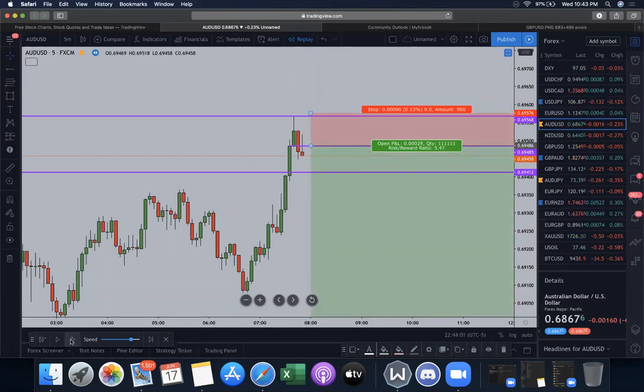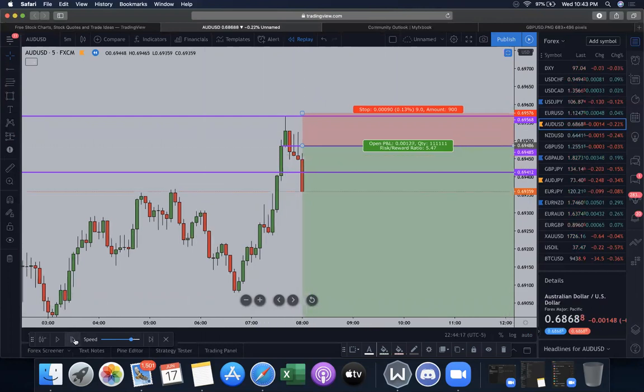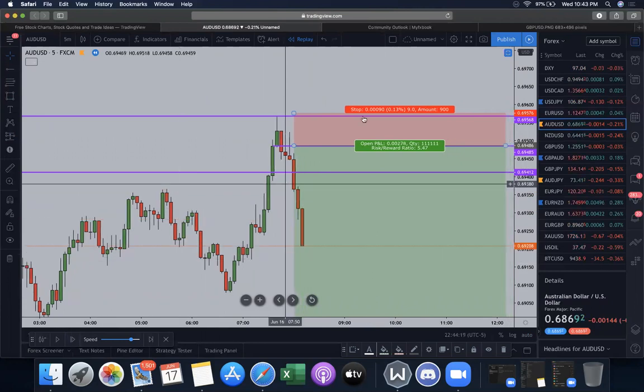Let's see what happens. Okay, closed bearish engulfing, retested, right? A little bit of drawdown, maybe 3 to 5 pips, and then now price is going our direction. And you can see that would have been our entry.